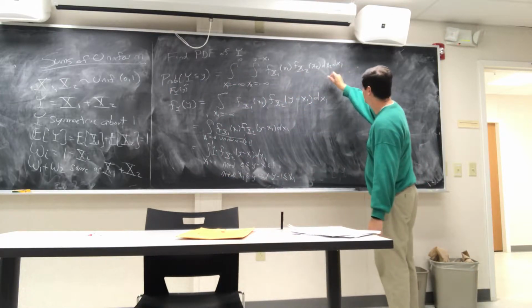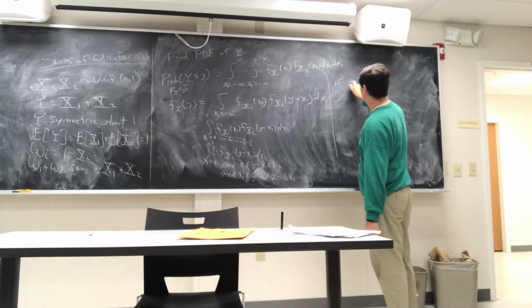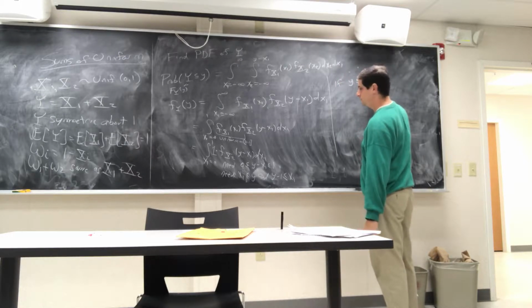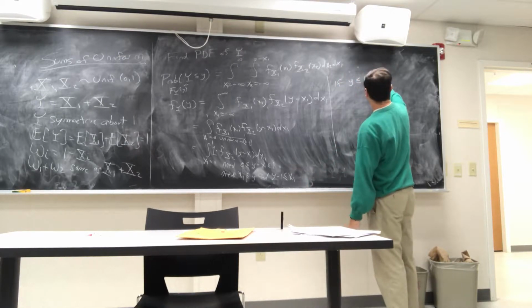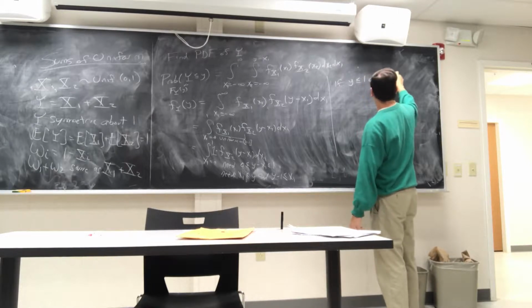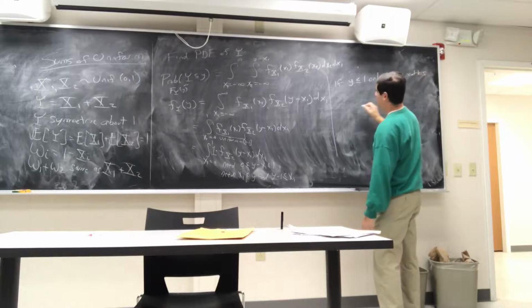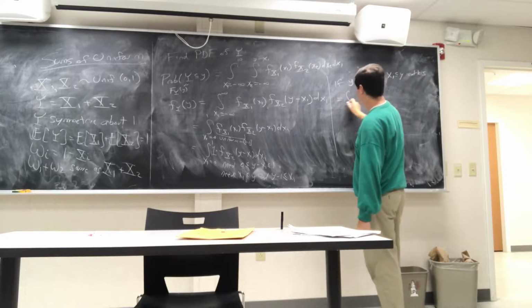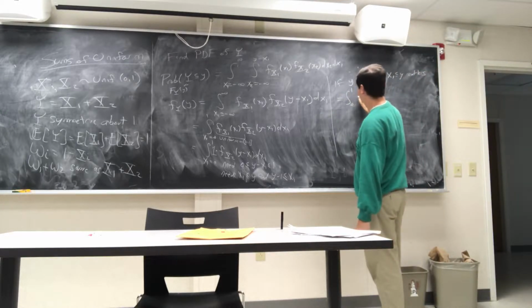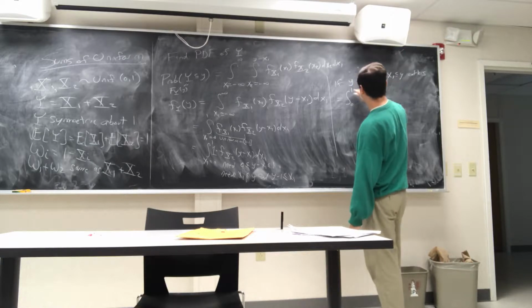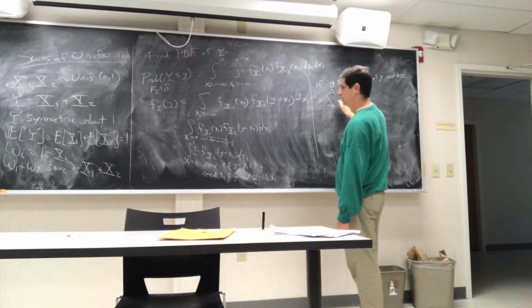So if y is less than or equal to 1, only x1 less than or equal to y matters. And then we would get the integral from 0 to 1, but x1 only goes up to y, so now we would change this to a y.